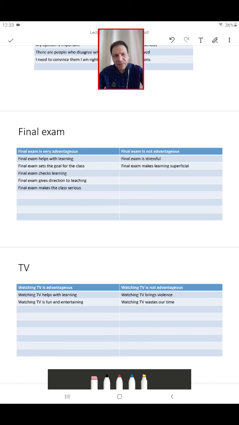So if you read many different articles, then you can put all the advantages of the final exam, and you can also group all the disadvantages, and then you can come to a final conclusion. It is your choice. It is actually your opinion, based on what you read: do you think final exam has advantages or disadvantages?